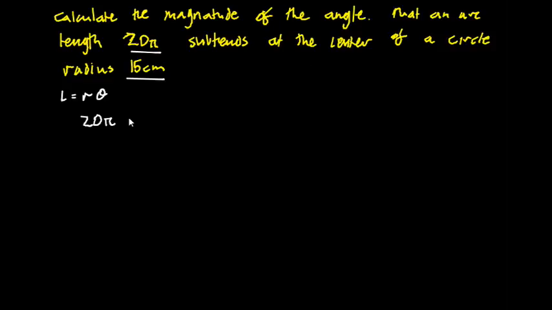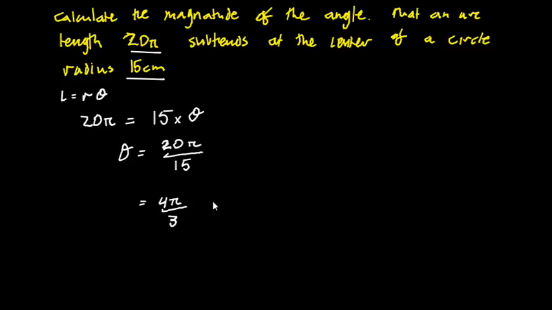So radius is 15 times our angle, and that's what we want to work out. So if we solve for our angle, we'll have 20 pi over 15, which is going to be 4 pi over 3. So the angle is 4 pi over 3.